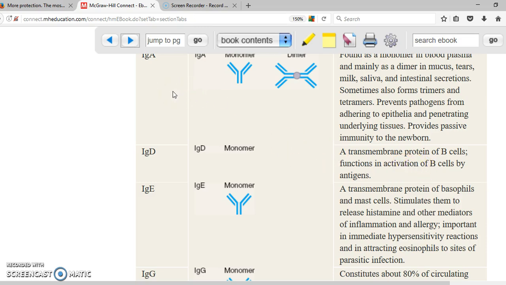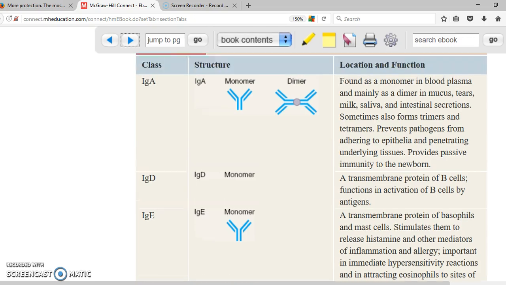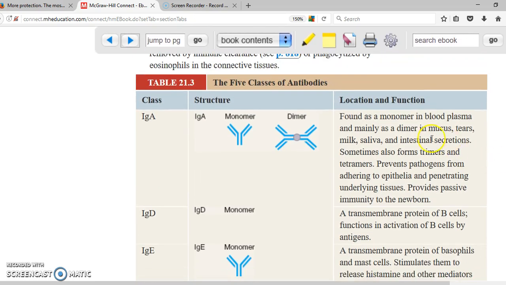IgA is very common in tears, saliva, in the areas that we have mucosa, that's why it's also available in the mucus. So these are the ones that we are going to have available in all these different areas. So let's take a look at the antibodies.